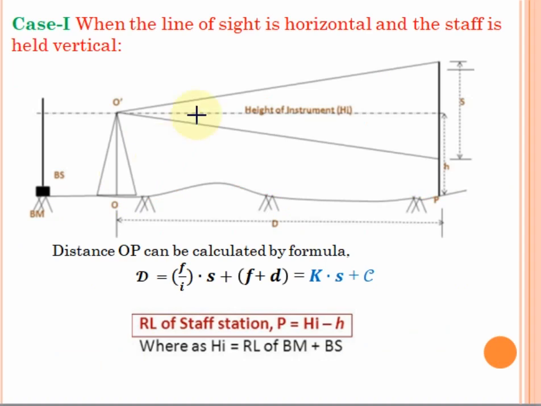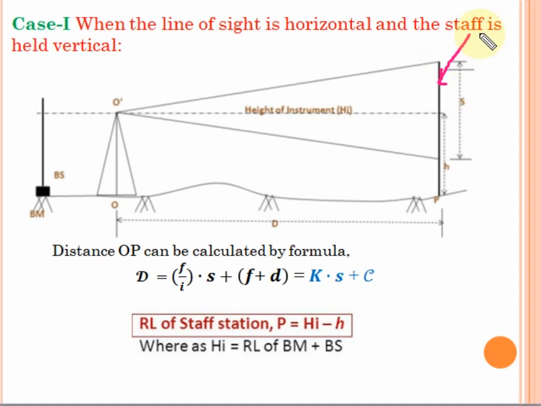First case: when the line of sight is horizontal and the staff is held vertical. Let us see, this is your instrument, kept at O over the tripod stand. This is your leveling staff, where you have to measure readings.